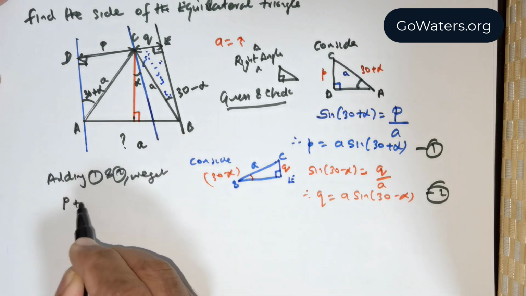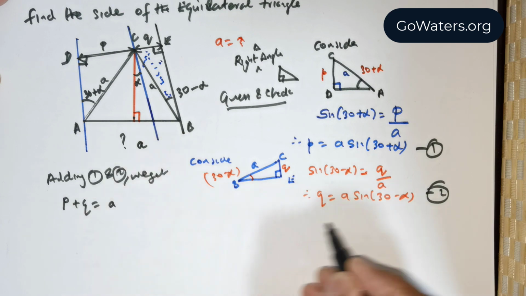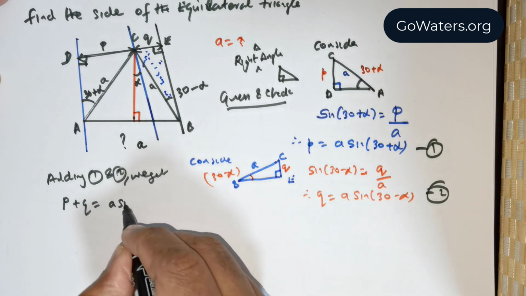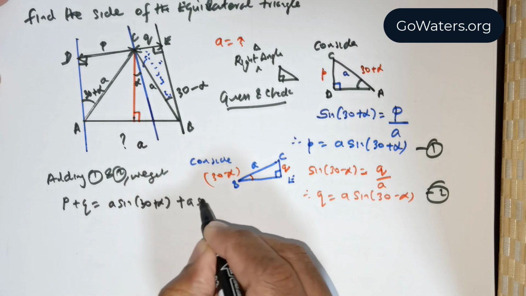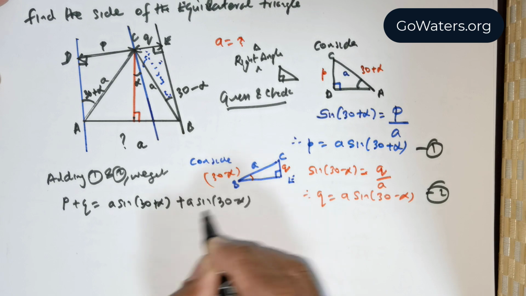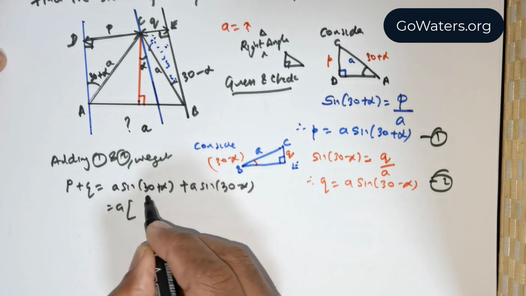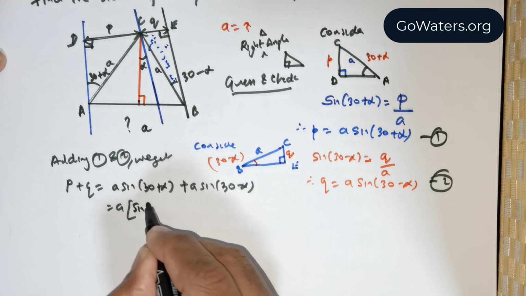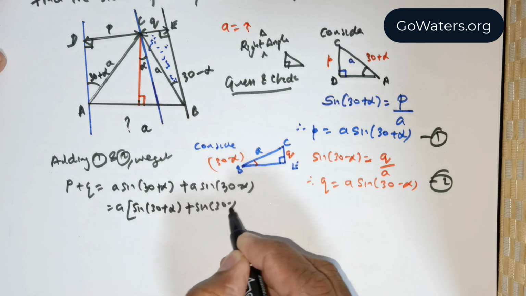This is P + Q = A sin(30 + alpha) + A sin(30 - alpha). I can take A out, which gives me sin(30 + alpha) + sin(30 - alpha).